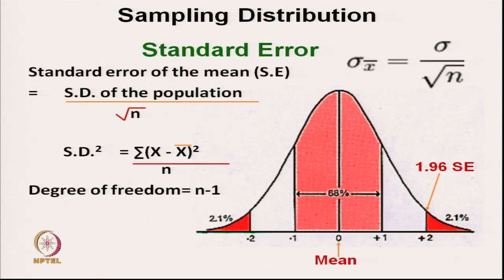The standard error of the mean is the standard deviation of the population divided by the square root of n. This is the way you can measure it, and this is the sampling distribution.